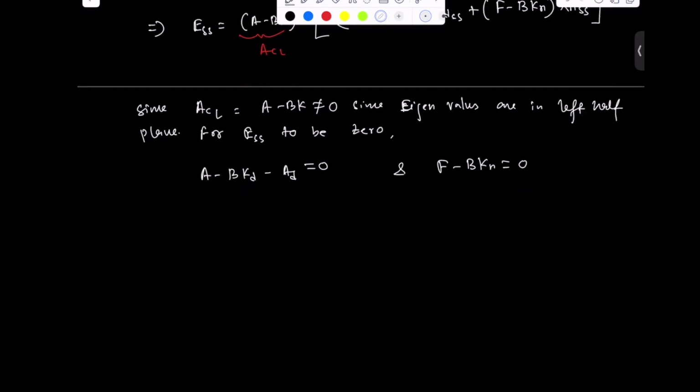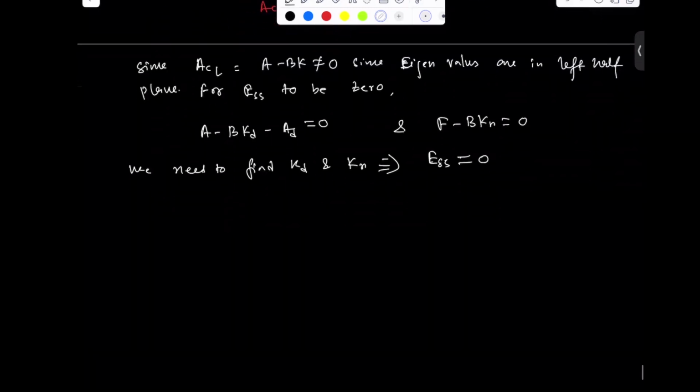So from these conditions, we need to find K_d and K_n in such a way that e_ss goes to zero.